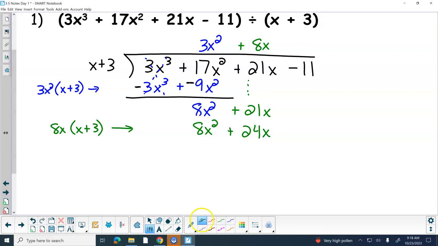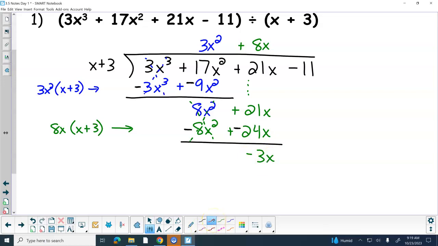Now I've got to change my signs, negative and negative. 8x squared minus 8x squared goes away. Positive 21x plus negative 24x. Negative 3x. Negative 3x.